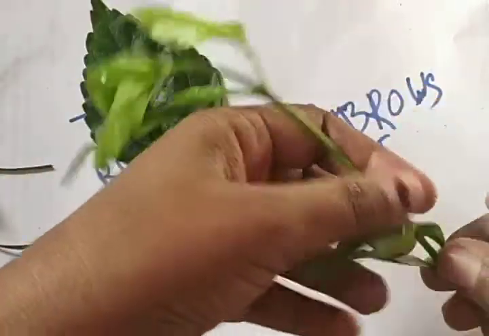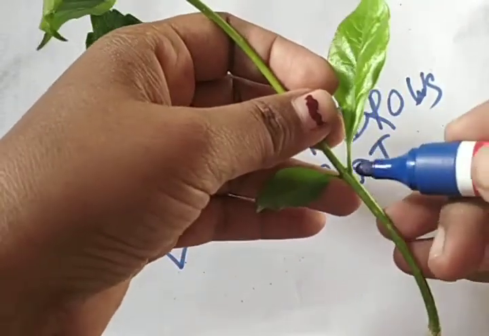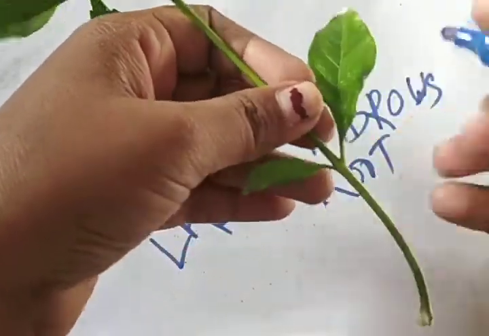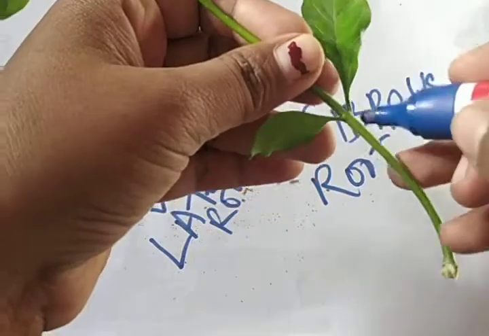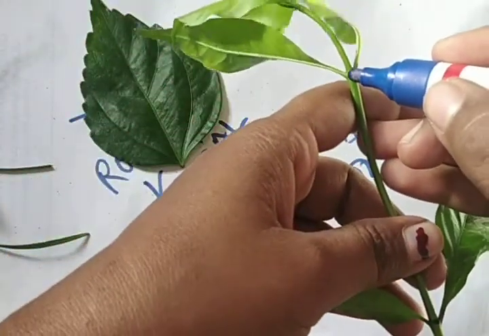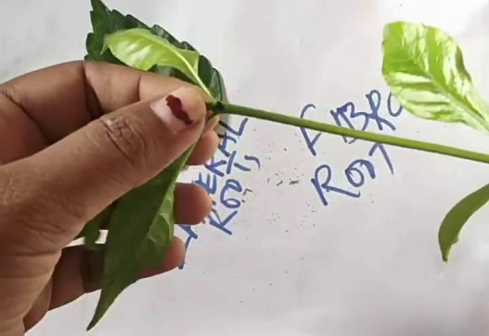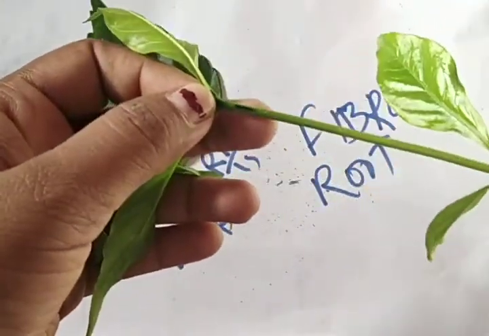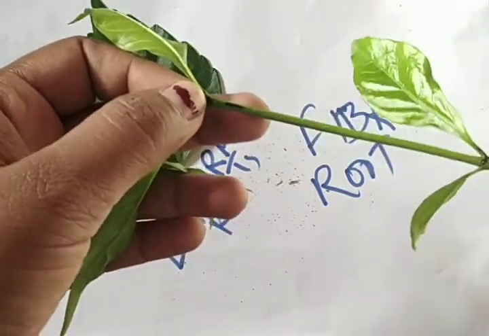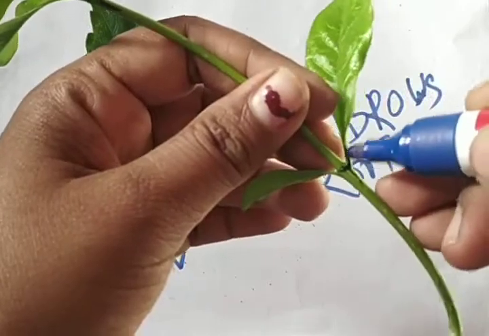If you see another leaf, look, the leaf is attached to the stem by petiole. This one is petiole. And here you see this part is node and this is another node. Okay. Where leaves are grown. Then this portion between this node and this node is internode. And here leaves are growing and leaves have petiole.